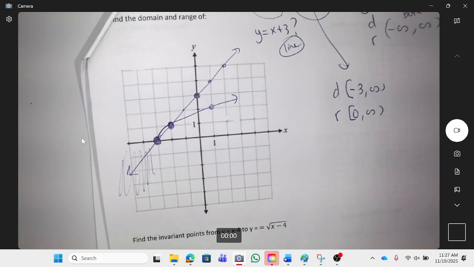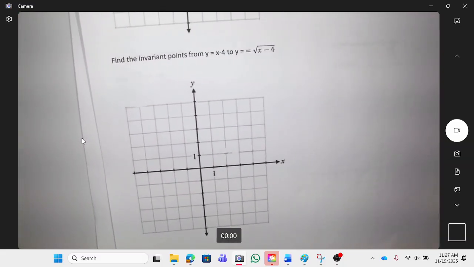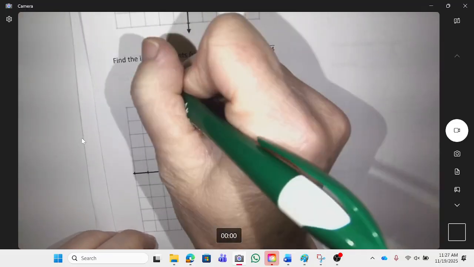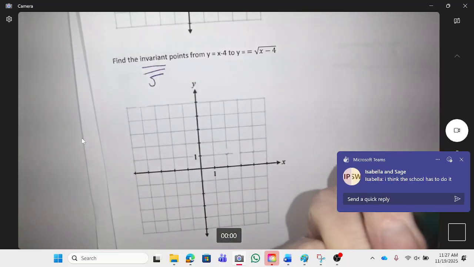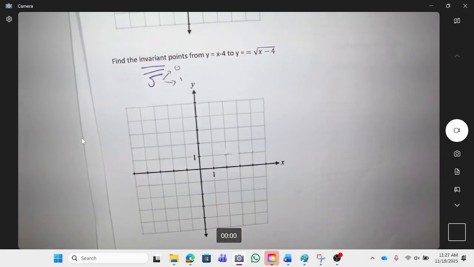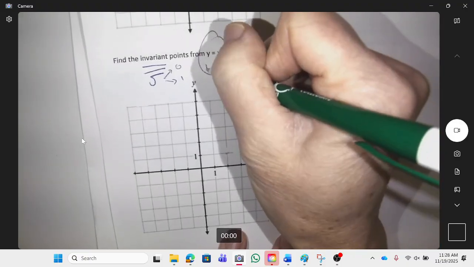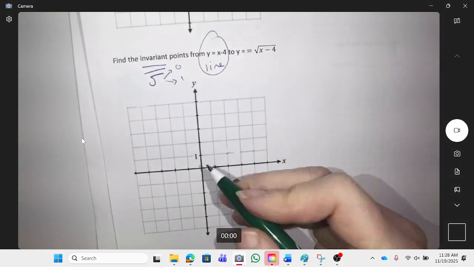Okay, so this next one talks about invariant, and you're trying to figure out an invariant point of the original to the transformation. Okay, so we have to understand like what's invariant when we square root. 0 and 1, those are invariants, right? Okay, we can solve this graphically, we can solve this algebraically. So graphically, if I wanted to do that, hey, that's a line, -4.